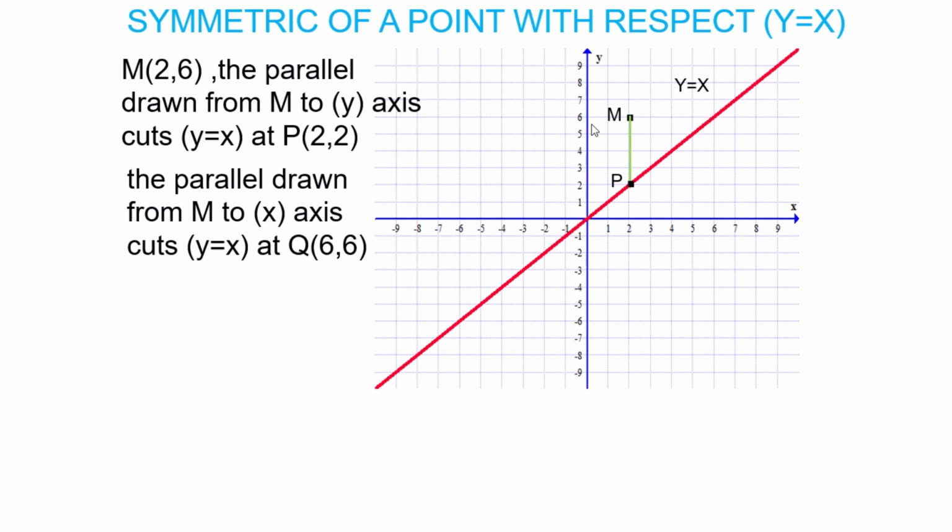Then Q has ordinate 6, y equals 6, x equals 6. And you will see the coordinates of Q also graphically: Q is 6, 6.